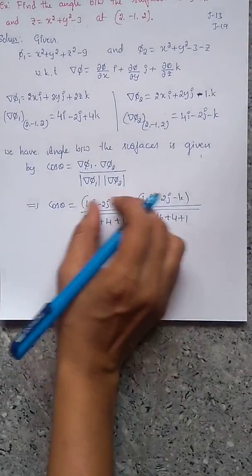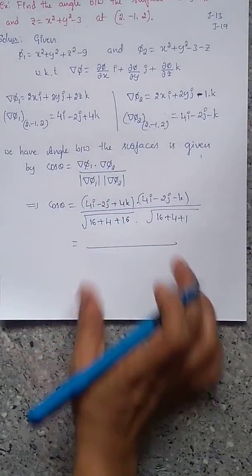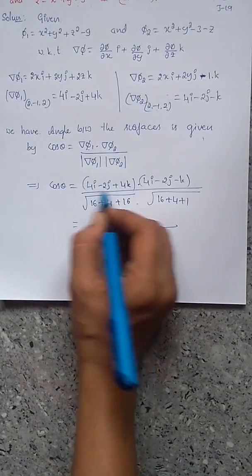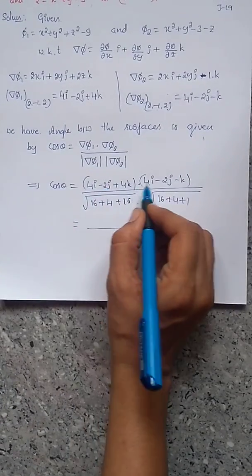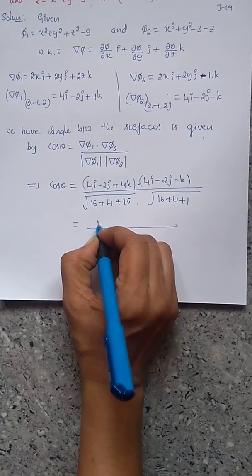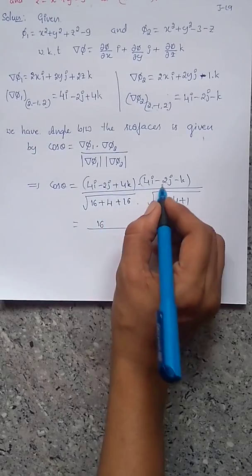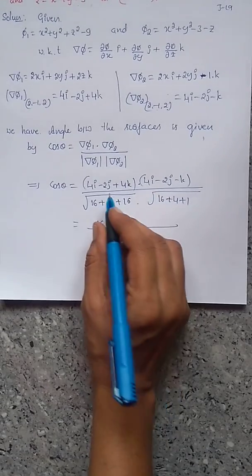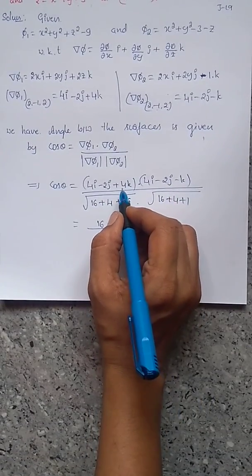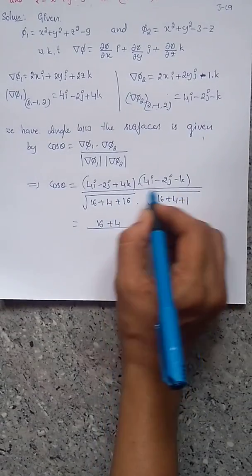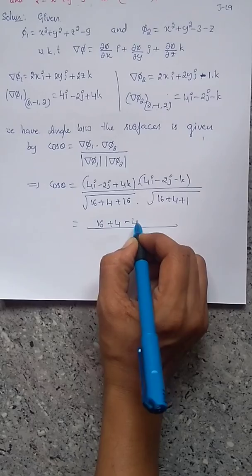Simplification: the dot product of two vectors always gives a constant scalar value. So 4i times 4i, with i dot i equal to 1, is 16; minus 2 times minus 2 gives plus 4; and 4 times minus 1 gives minus 4.